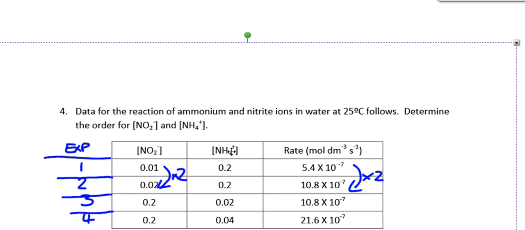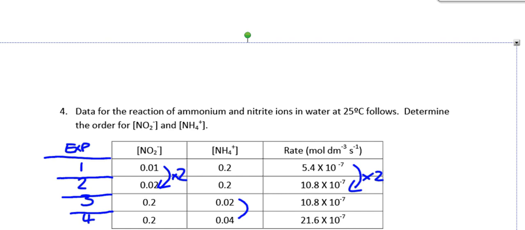Now considering NH4 plus, looking again at the different experiments, here we can see experiment 3 and 4, NO2 minus has remained the same concentration, so we know that any effect on the rate then is only affected by 0.02, here changing to 0.04. Again, if you need to work out the scale factor or the increase here, we can do 0.04 divided by 0.02, and that, don't trust me, do it.